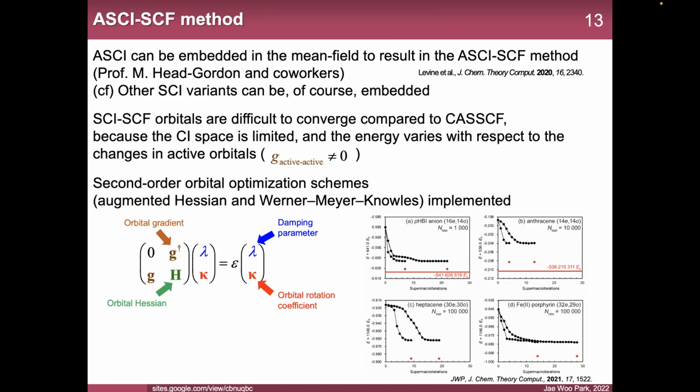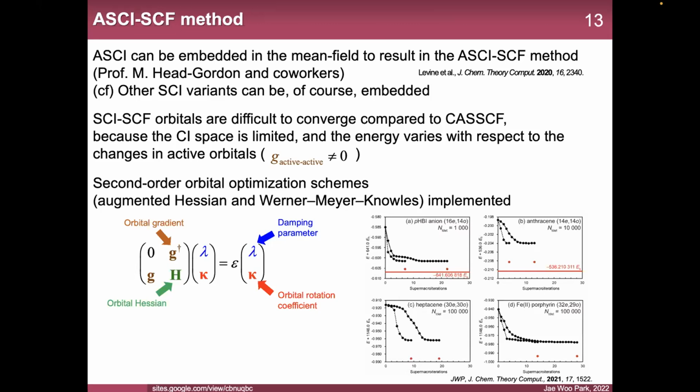So I first implemented second-order orbital optimization schemes, augmented Hessian and Werner-Meyer-Knowles algorithms, so that I can facilitate the convergence of the orbitals with respect to the number of super macro iterations. Actually, one super macro iteration corresponds to 10 macro iterations.